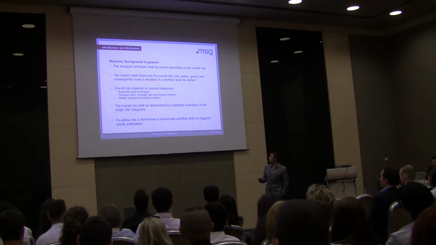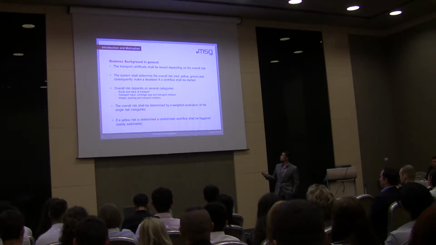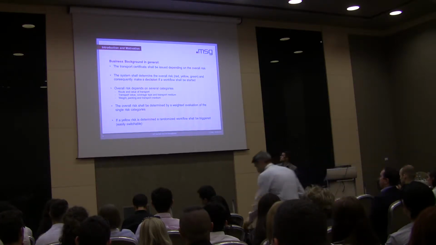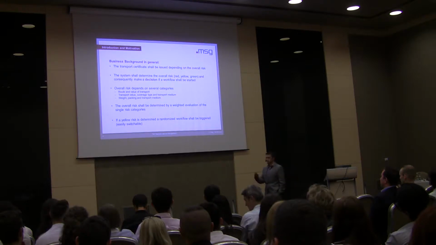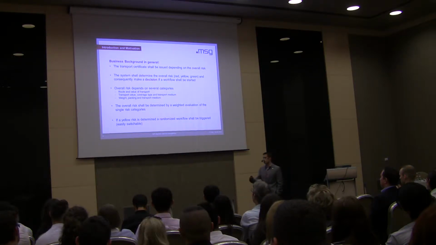And the risk shall be determined automatically, and there should be one overall risk that comes out of this determination, which are typically these street-like colors, red, yellow, green. And there should be consequently made a decision within the system if a workflow should be triggered or not. So if the risk is very high, no transport certificate should be issued, and the workflow should be triggered so that the clerk can look at the case and decide whether to issue the certificate or not.